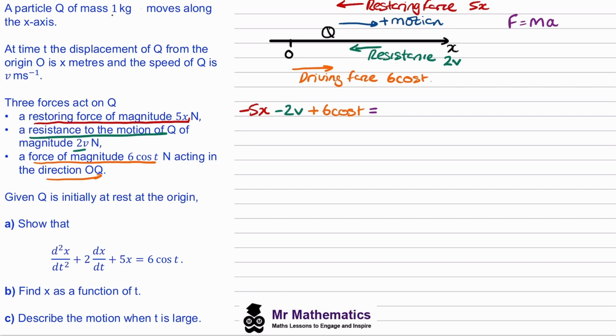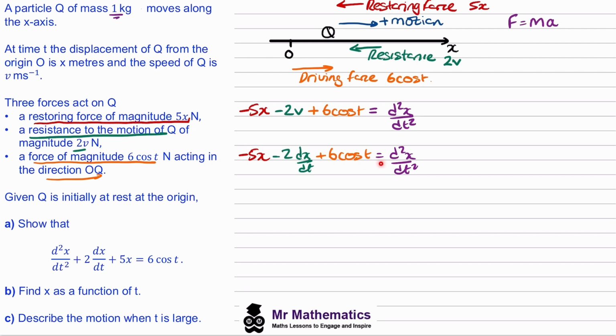We're told that the mass is 1, and the acceleration is d squared x over dt squared. We can see the restoring force is already in terms of x. The velocity we can write as dx over dt, and then we've got the driving force in terms of t to give us our net force.